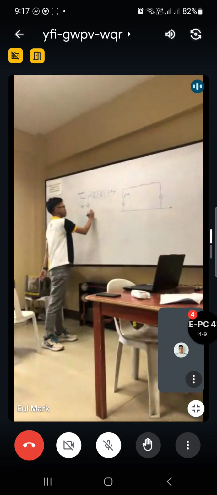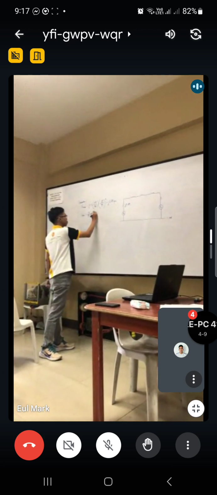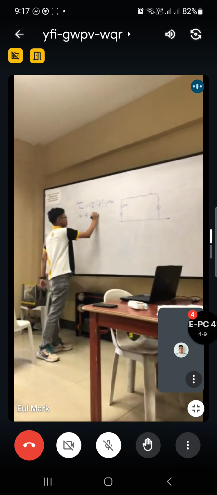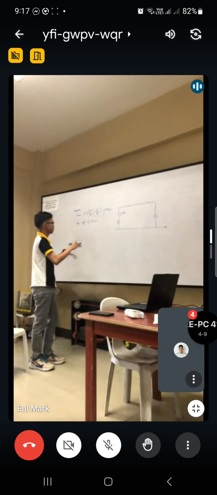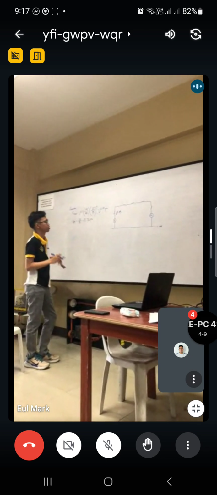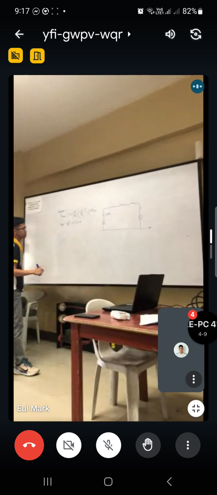Always look at the base at every zone. So this is 0.76 per unit. Since that's assumed to be the reference, that's normally 0.76 angle 0.